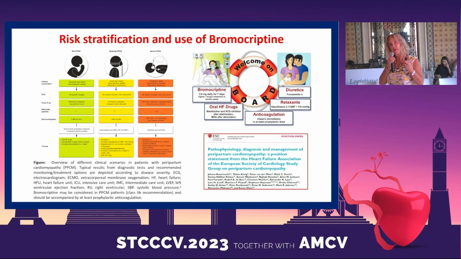Based on all this animal research, cellular research, now proteomic research, which is in press, we know quite well the pathway, and that inhibiting the pathway with bromocriptine has now been confirmed in a number of trials and is recommended in the European guidelines on cardiac disease and pregnancy. But because they are small trials, it's only a 2B recommendation for certain patients, in particular the patients in the yellow and the red, because you balance advantages and disadvantages of breastfeeding.